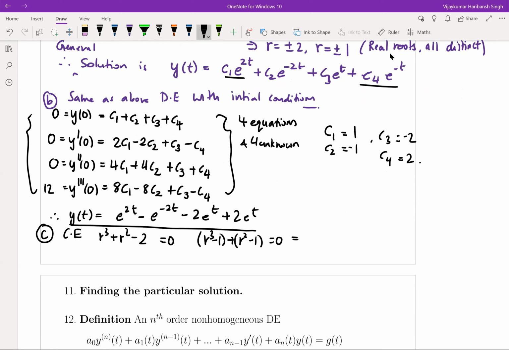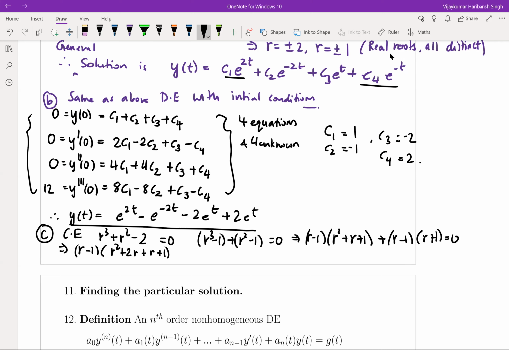So this will be r minus 1 times r squared plus r plus 1, and r minus 1 times r plus 1 equals 0. So this gives me r minus 1 times r squared plus 2r, and then I take another r common, plus 1.